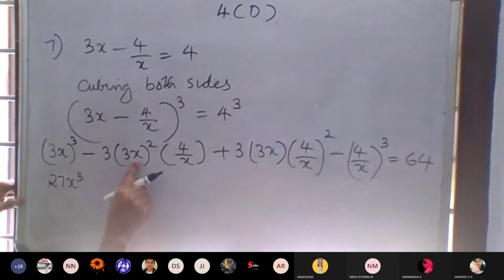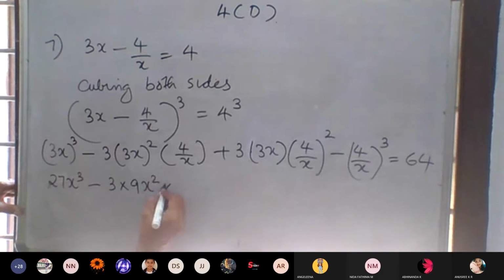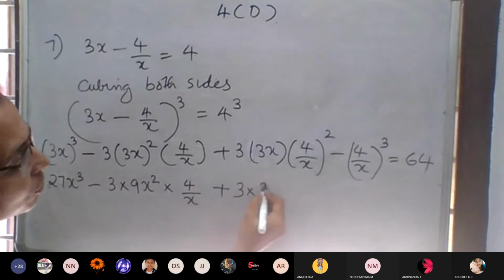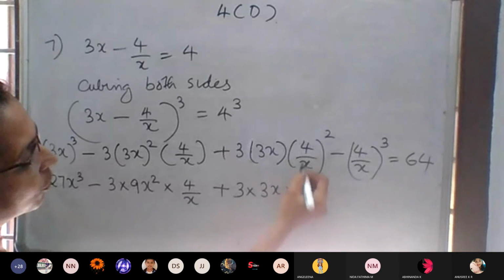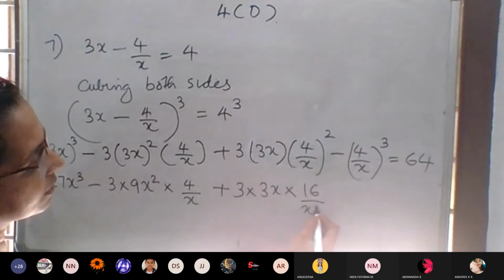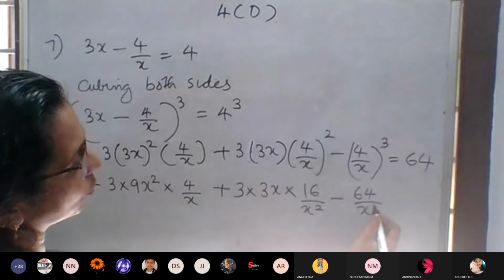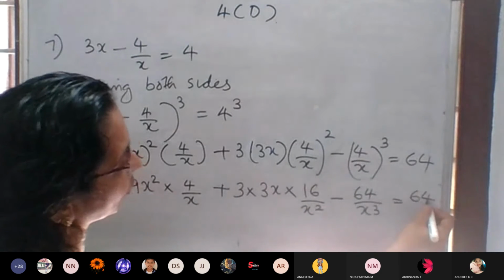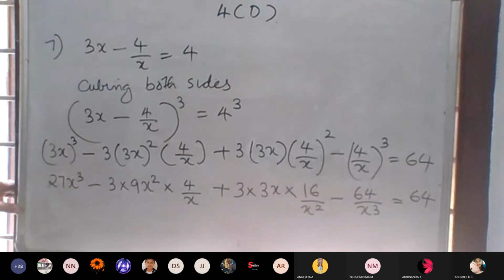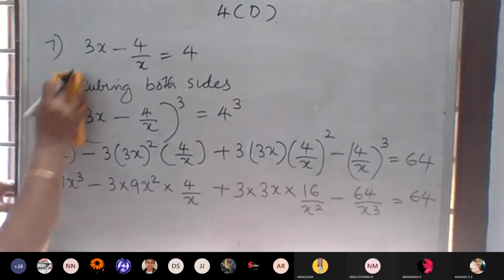So this 3x the whole square we can write as 9x square. Minus 3 into 9x square into 4 by x, plus 3 into 3x into 16 divided by x square, minus 64 by x cube is equal to 64. Up to this okay for all of you?